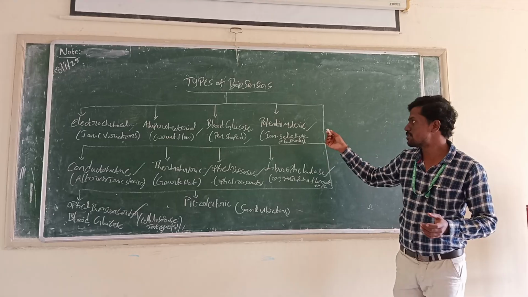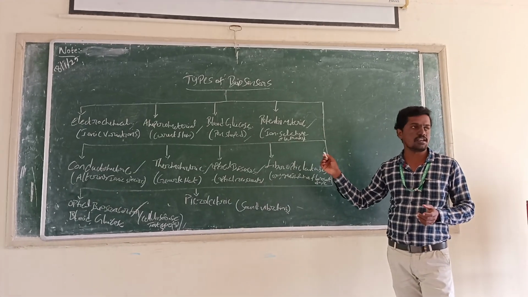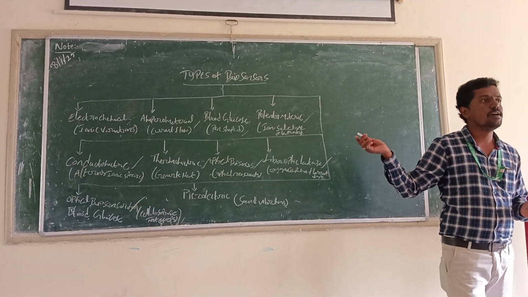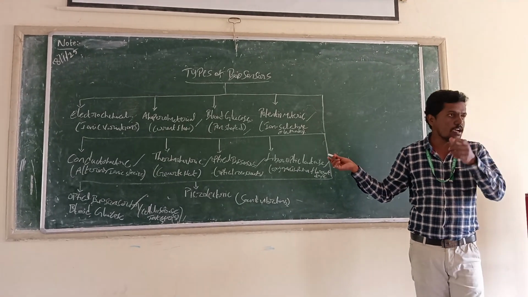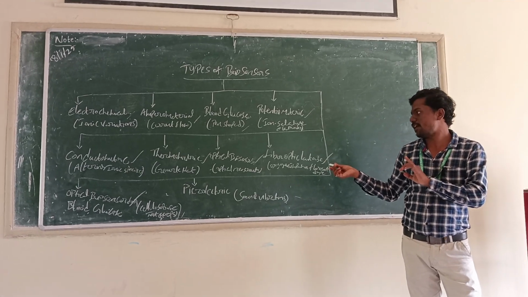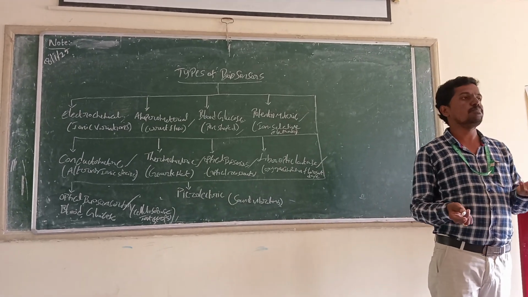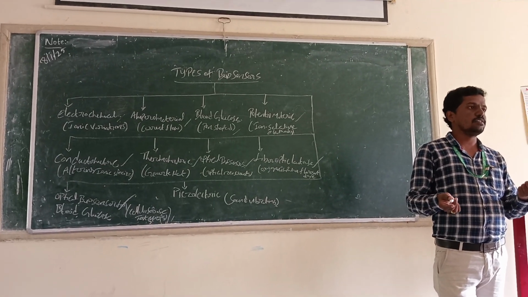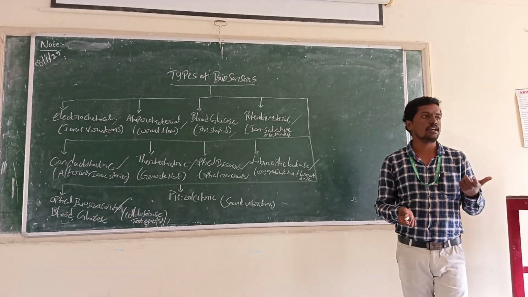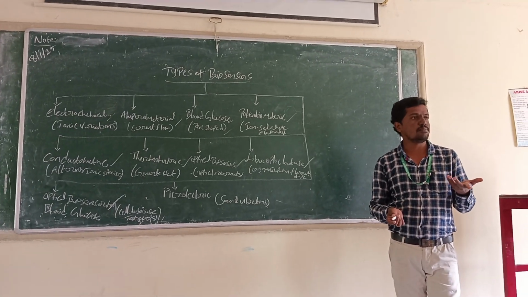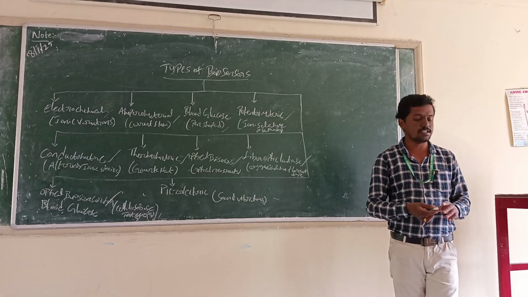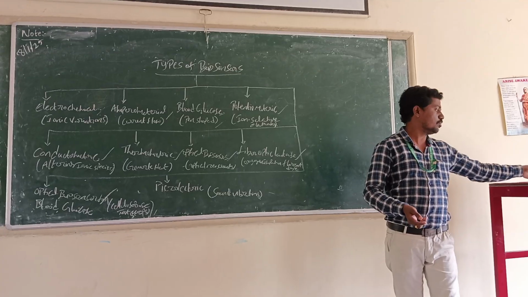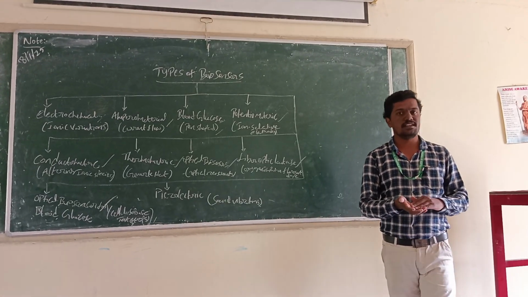Separate biosensors are available: electrodes utilize one type of sensor, identification of molecules another, and heat measurement and current flow measurement utilize different types of biosensors. These sensors are utilized for different kinds of applications. We will discuss this in the next classes.